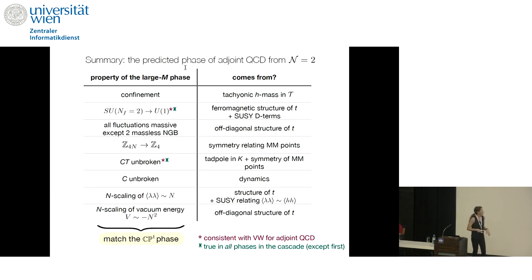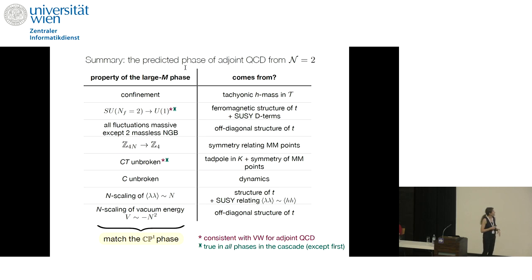So let me summarize that this soft supersymmetry breaking model, by adding the soft supersymmetry breaking deformation to Seiberg-Witten theory, has predicted in this large m phase the CP1 phase of adjoint QCD.